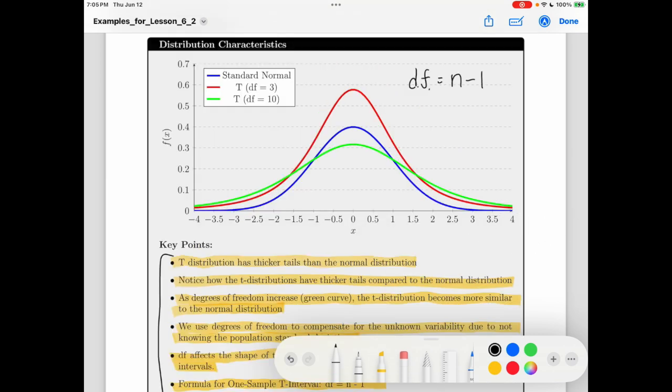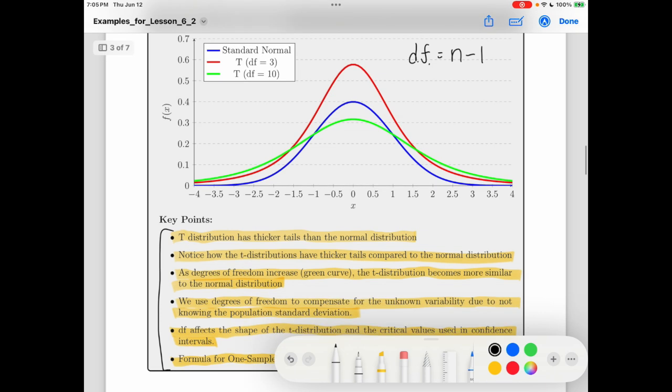Something that I didn't put down here in the key points, but I'll add: when we're finding a t-interval, if we need to find the t-critical value, we want to use the t-distribution, not the normal distribution.